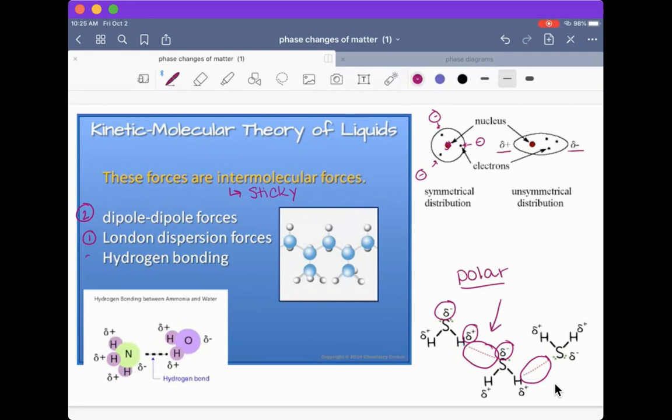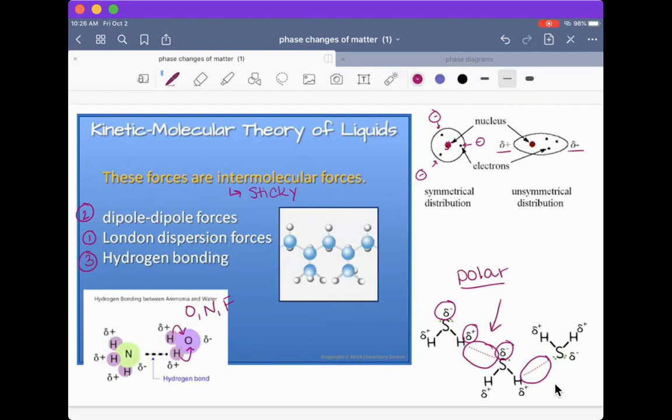All right, and the third type, which is the strongest out of all three of them, is hydrogen bonding. Hydrogen bonding, you've heard of when you were talking about DNA, because the hydrogen bond is what helps make the DNA structure. But hydrogen bonding is shown in molecules that have hydrogens directly attached to either an oxygen, a nitrogen, or a fluorine atom. Okay, so when hydrogen is directly attached to, you can see here, an oxygen, it has hydrogen bonding capabilities.